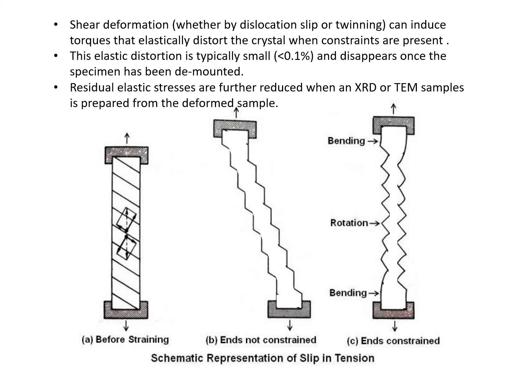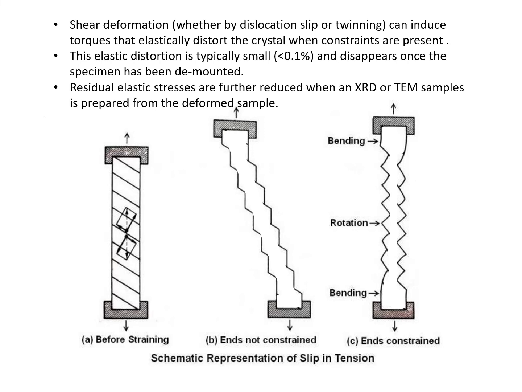And more importantly, once you've demounted the specimen, without the constraints, without the stress bending it, it will take up this shape. The elastic bending that exists here no longer exists once you've demounted the specimen, or if you take a slice through it. You relax the stresses caused by these constraints.